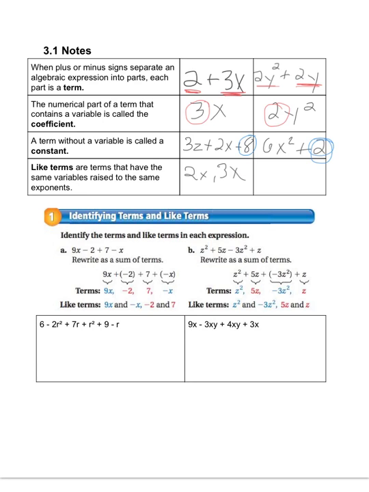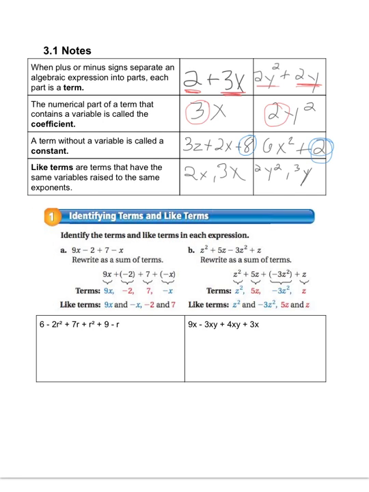Okay, here's another example. If we have 2y squared, and then we have 3y, these are not like terms, because like terms have to have the same variable raised to the same exponent.